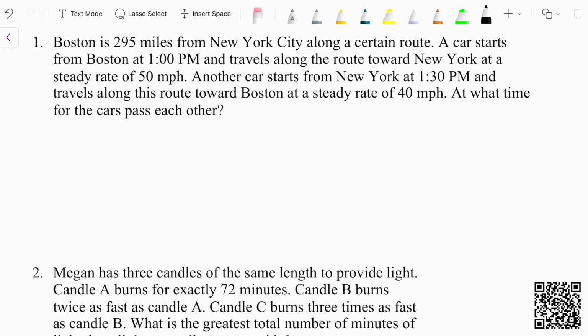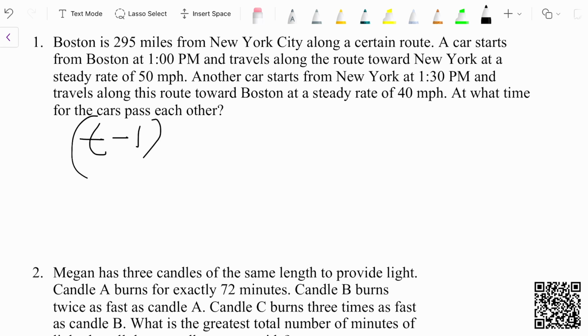Assume that the time that they meet is called t. Since the car starting from Boston started at 1 p.m., we go t minus 1 to know the amount of time it took that one car to meet.